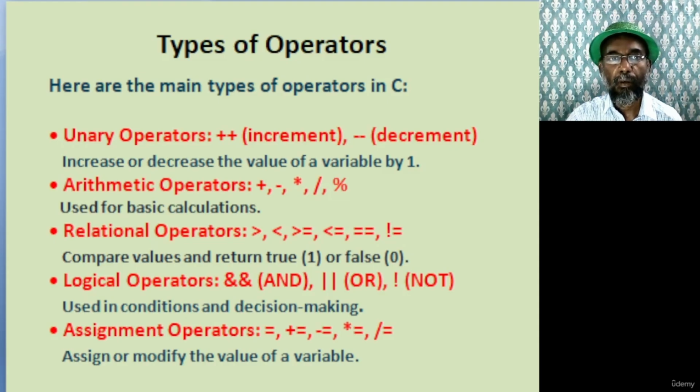These assign or update the values. Example: a plus equal to 2 means add 2 to a. These five groups are the toolbox for your programming logic. Symbols, powerful results.